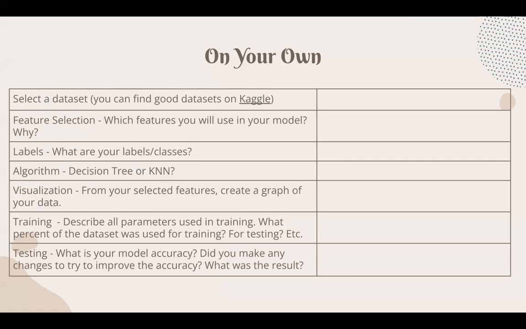Then graph it using the skills we learned last week, and train and test your data. Once you've done all of this, you will have a very good base example of what AI is in Python and how to implement it.